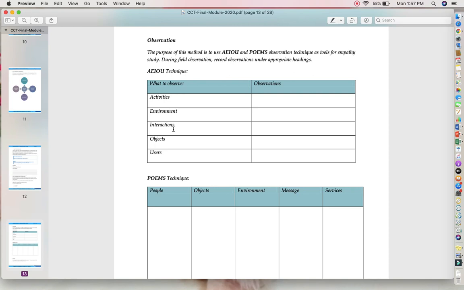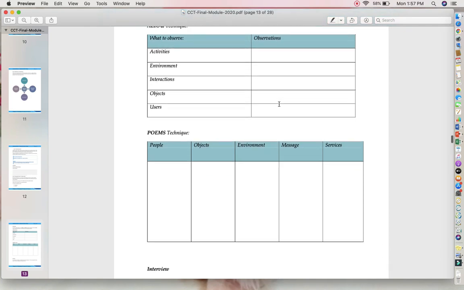Letter I, their interactions. Letter O, objects. And letter U, their users. So you will write your observations in the adjacent column beside the activities, environment, interactions, objects, and users.